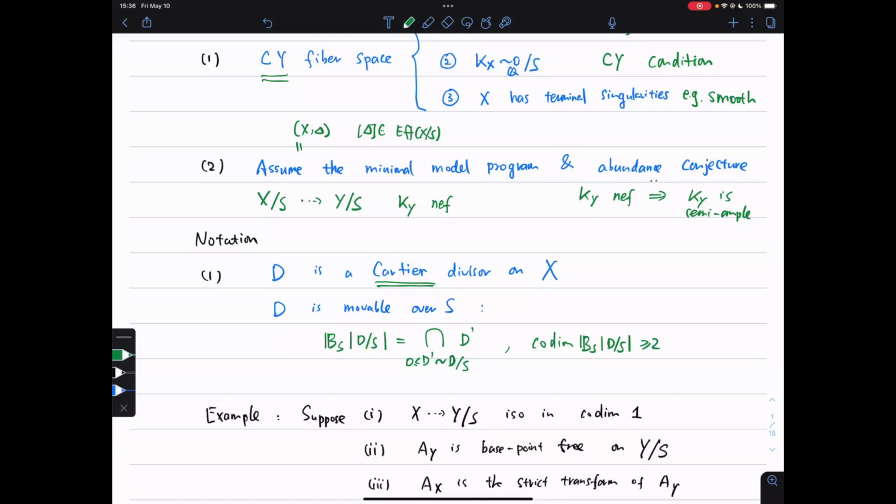So the fixed part is very, very small. This is the meaning of movable divisors.